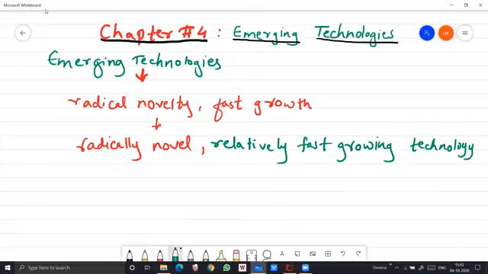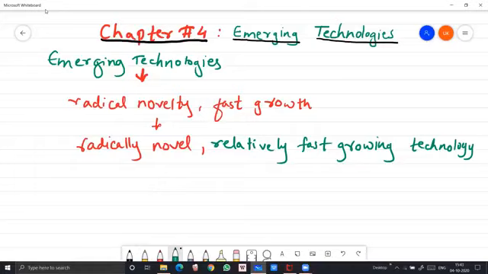This we studied in the very beginning of emerging technologies, and in general terms it is used to describe a new technology, but also refers to the continuing development of an existing technology. That means we cannot say it is always a new technology.